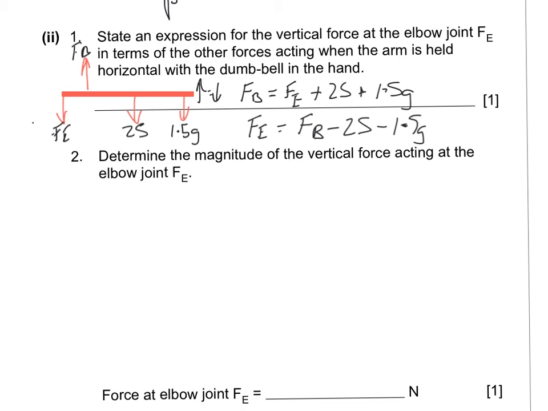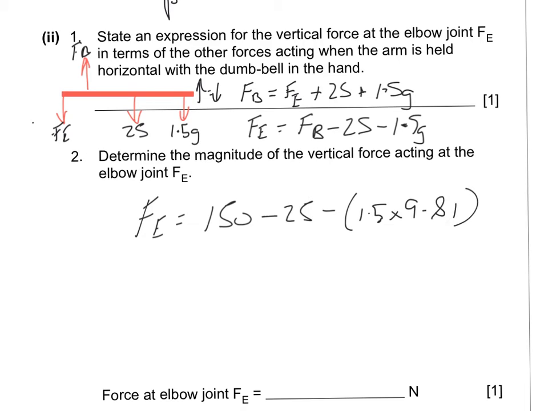So FE equals FB minus 25 minus 1.5 g. And determine the magnitude just means put some numbers into that. So FB is 150, and we're subtracting 25 and 1.5 times 9.81, which is 110.3 newtons.